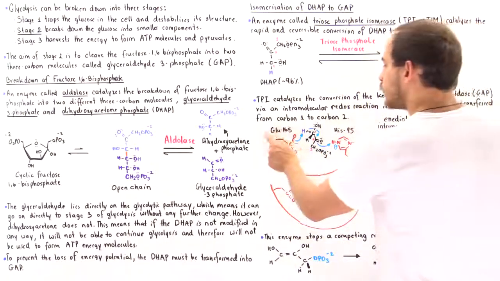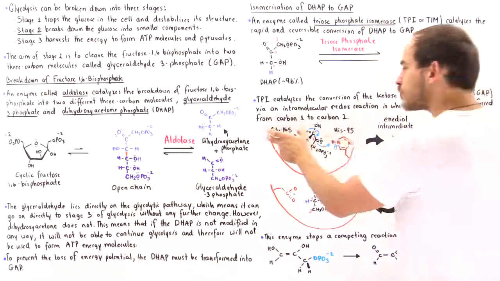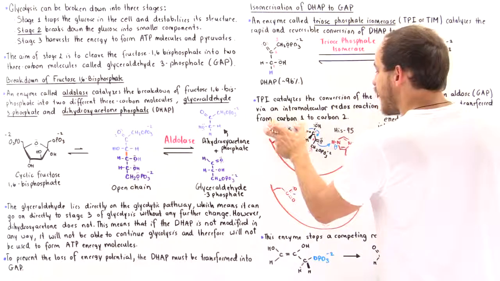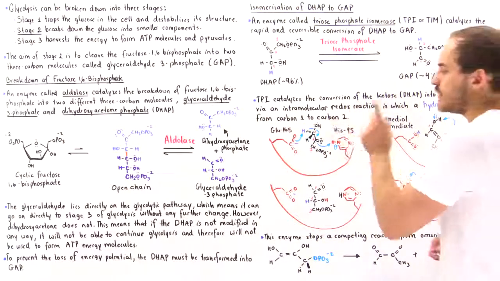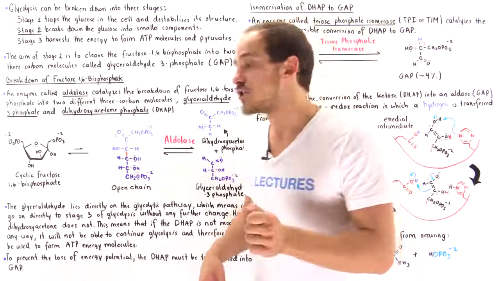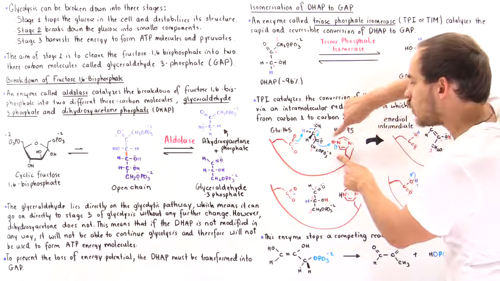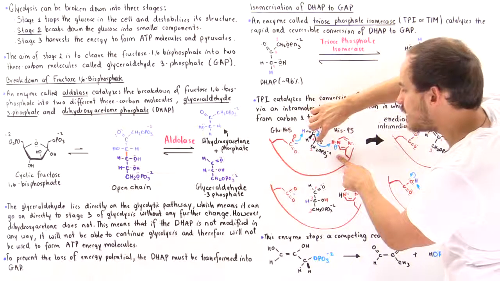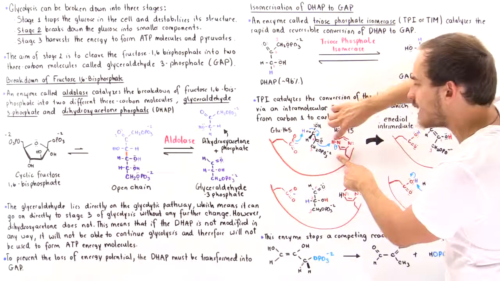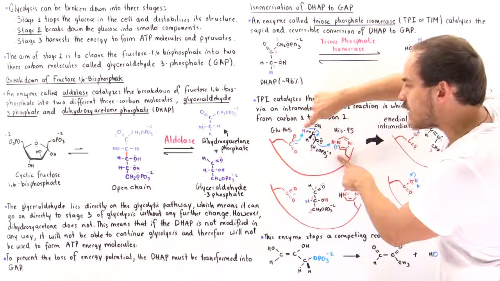Well, we have Glu 165 and His 95. The Glu 165 in the first step acts as a base, and the His 95 in the first step acts as an acid. Essentially, this histidine 95 donates an H to this carbon. This pi bond here goes on to take the H away. At the same time, this acts as a base and takes away that H.